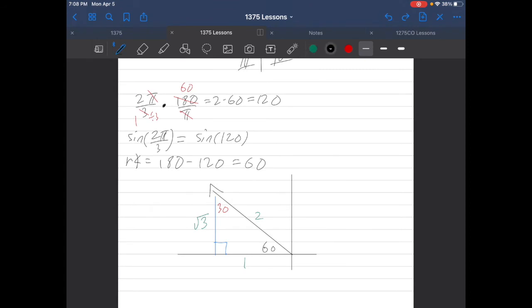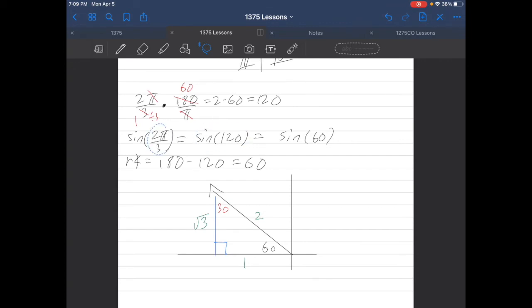Here's where a reference angle comes into play. We calculated the sine of 2 pi over 3 is equivalent to the sine of 120. Now what we're doing is calculating the sine of 120, but we are using our reference angle in place. That's what I said before, that a reference angle is a representation of another angle. We are using 60 degrees to represent 120 degrees. We are using the sine of 60 to represent the sine of 120.